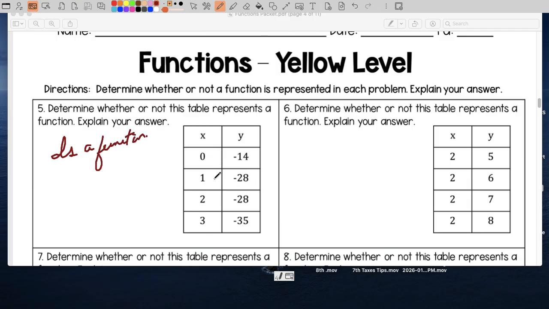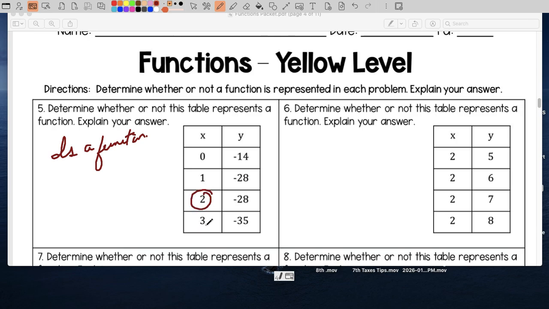I know that you're thinking that maybe the 1 and the 2 share -28, but that's okay. 1 has only one partner, which is -28. That's it. 1 has no other output except -28. 2 has an output of only -28. It doesn't matter that 1 also has an output of -28. Just look at 2.